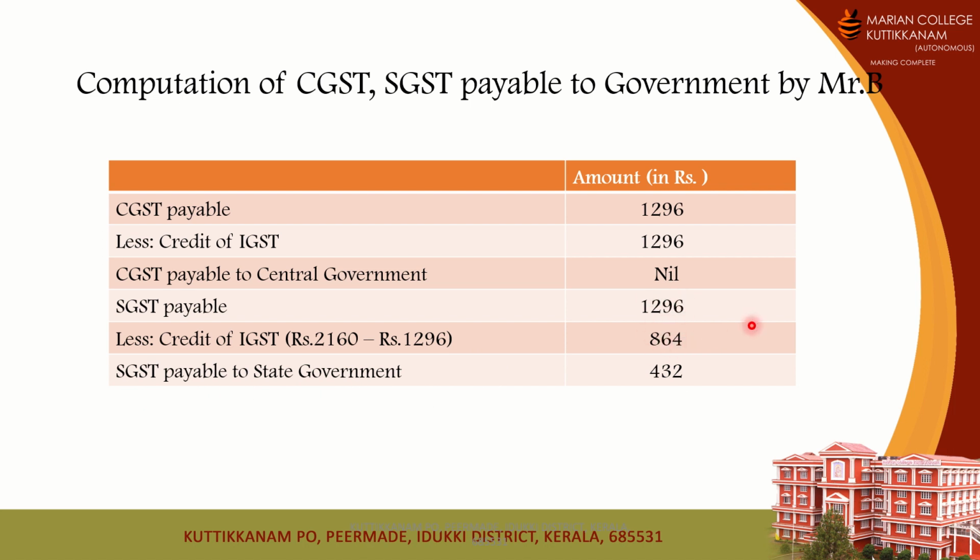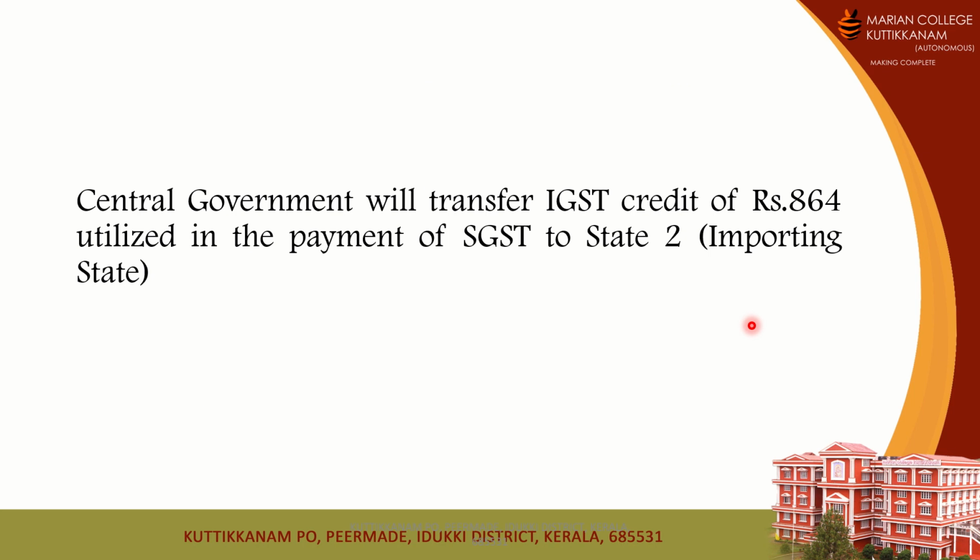Okay. So this is in the case of Mr. B, the amount payable by Mr. B to the government. So central government will transfer IGST credit of rupees 864 utilized in the payment of SGST to state 2, that is the importing state.